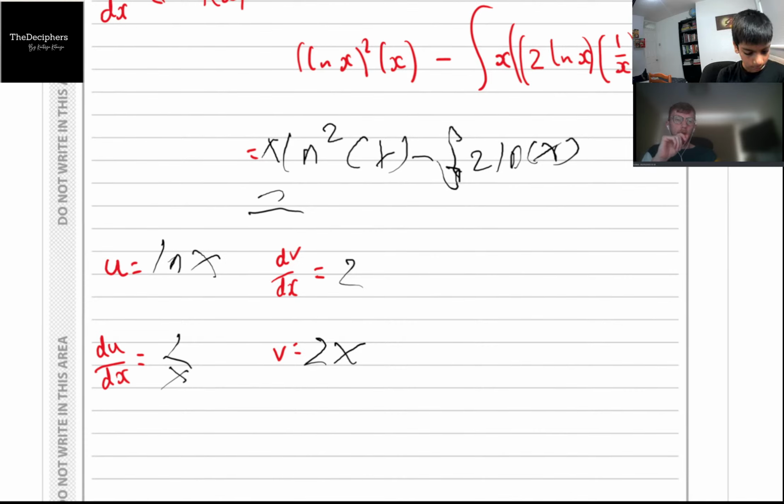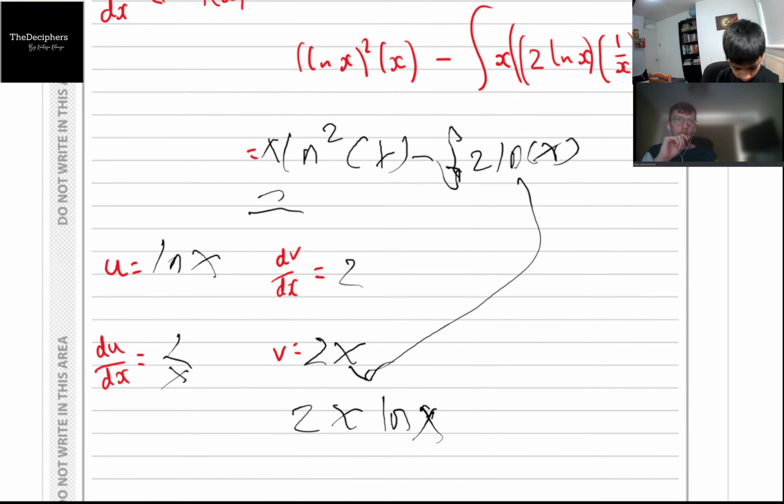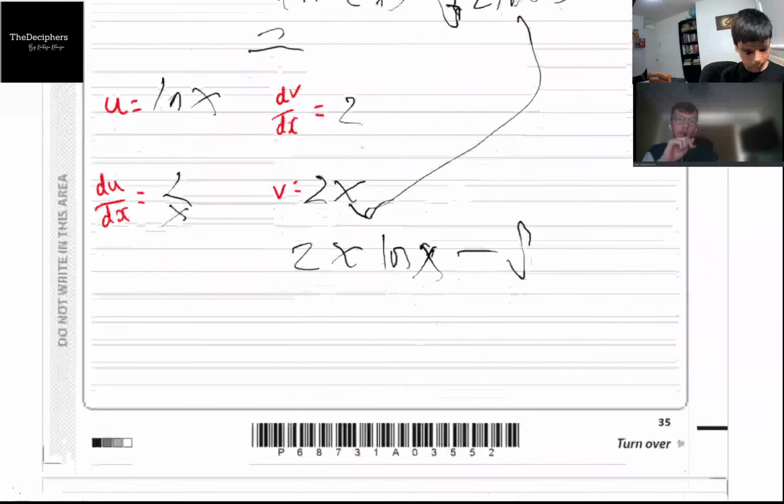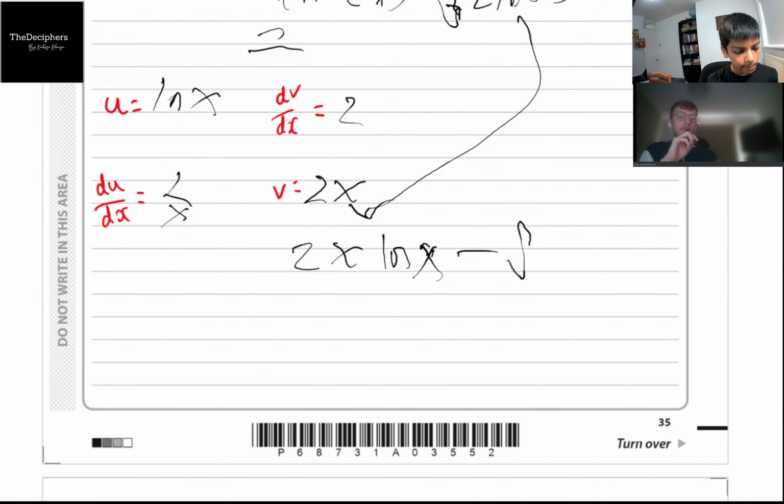Okay, so uv, and then that minus the integral of v du dx.